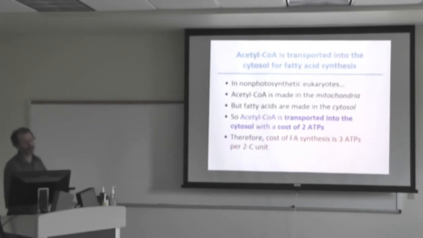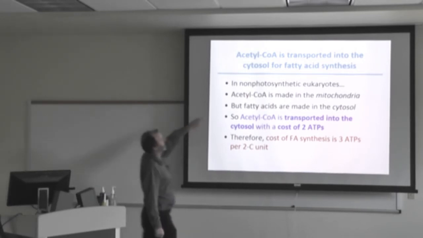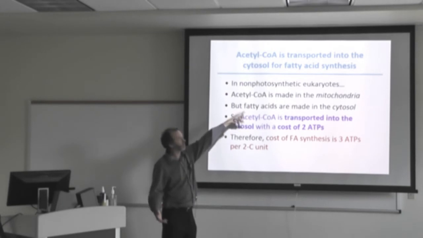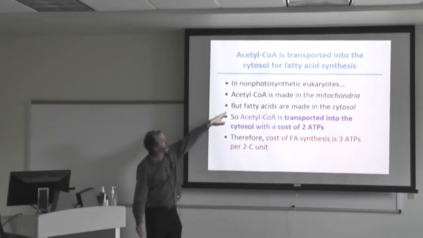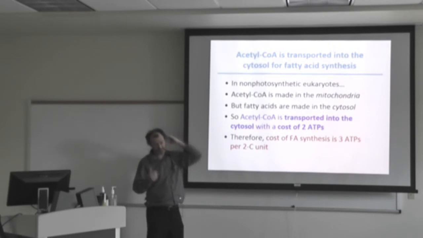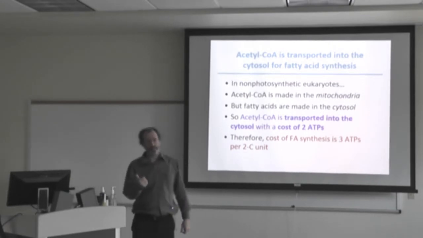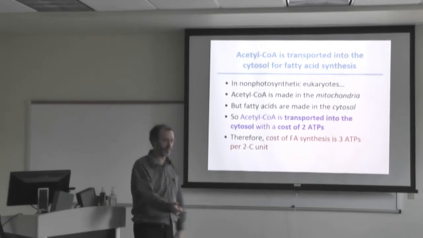So acetyl-CoA is transported into the cytosol for fatty acid synthesis. In non-photosynthetic eukaryotes this happens. So acetyl-CoA is made in the mitochondria, right? Either from fatty acid catabolism or from pyruvate, right?